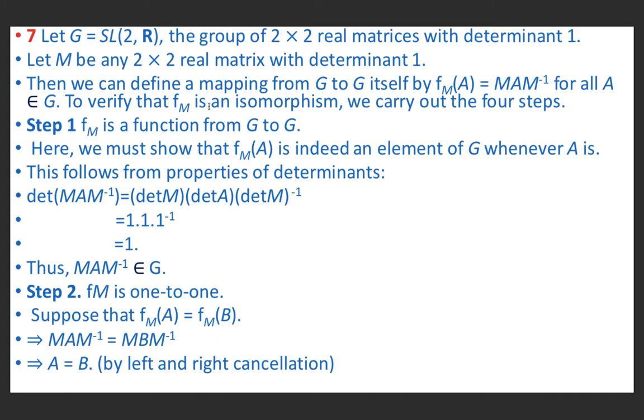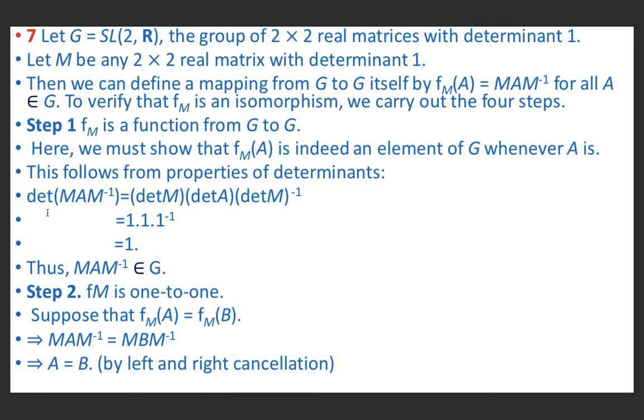Now to verify that F_M is an isomorphism, we will carry out all the 4 steps. So the first step was F_M is a function from G to G. To show that F_M is a function from G to G, we must show that F_M(A) is an element of G whenever A is.